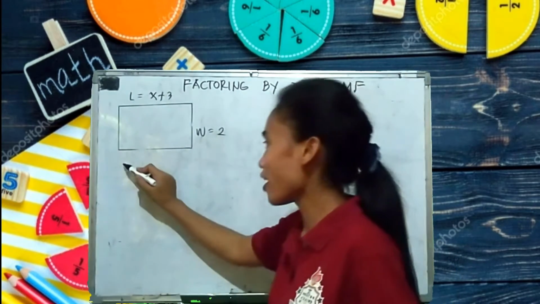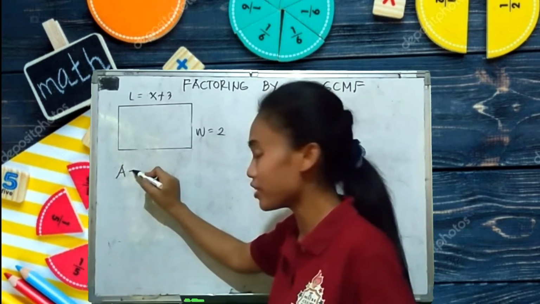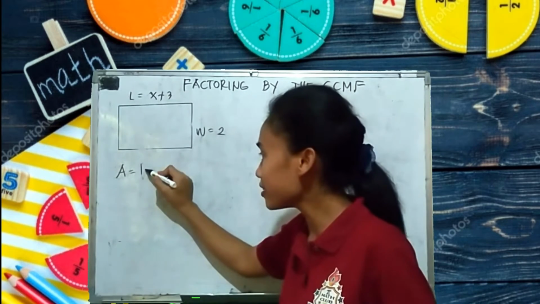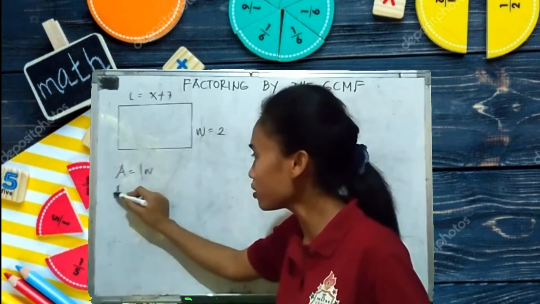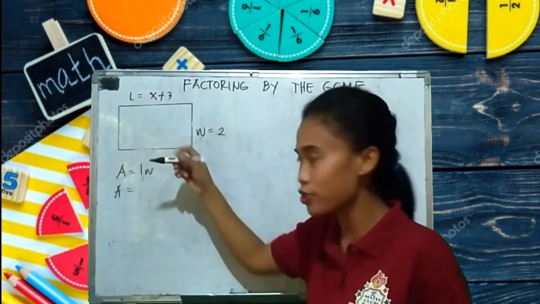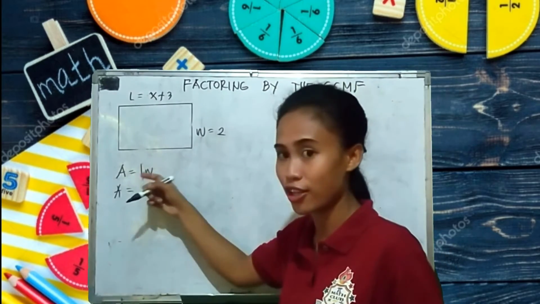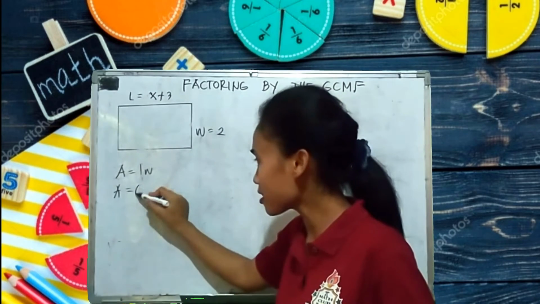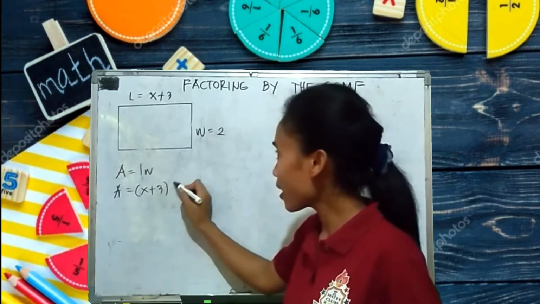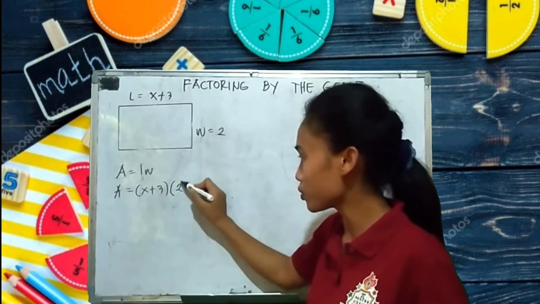The area of this rectangle, given by the formula length times width, is equal to, let's substitute the values, x plus 3 for the length and 2 for the width.